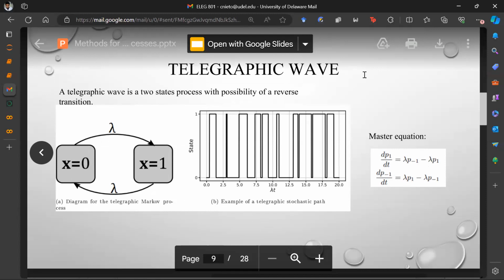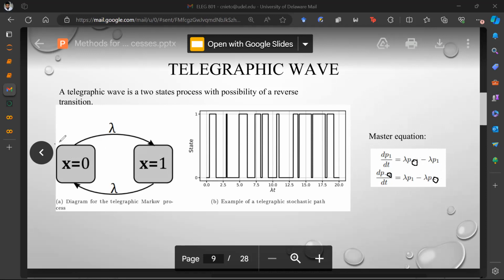So the master equation now is something similar. Now I have the state 1 and the state -1. Well, sorry, it can be 0, but put the name that you want. It doesn't have to be -1.